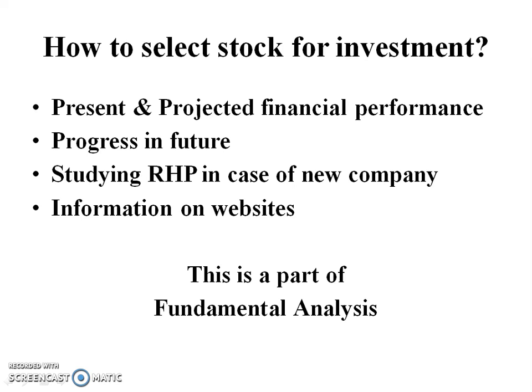For new company, red herring prospectus should be studied for the details and the scope of the business. For old companies, lot of information about the fundamentals of company is available on the internet. The company's analysis about performance comes under the head of fundamental analysis.